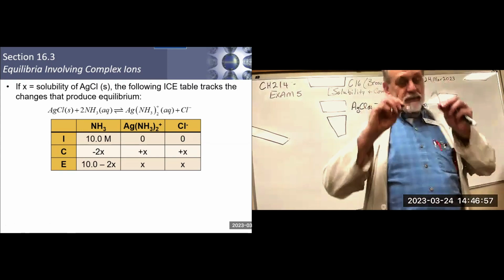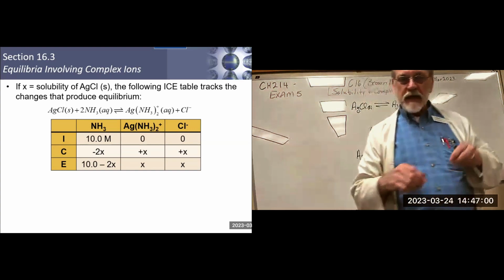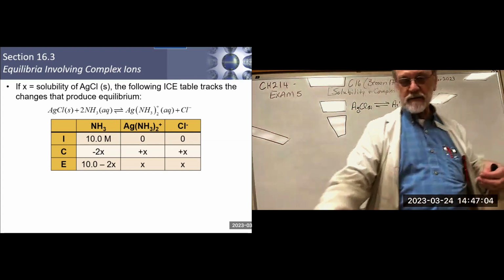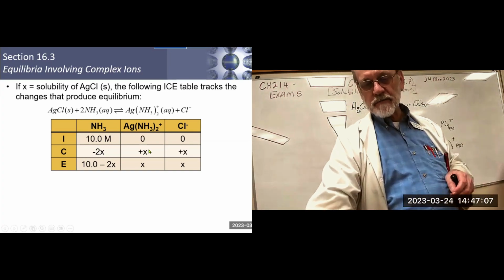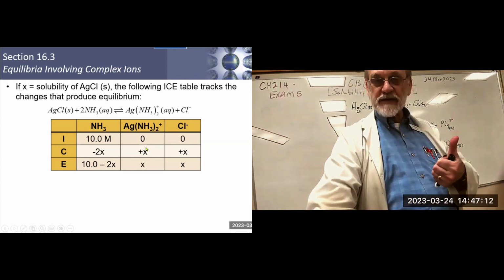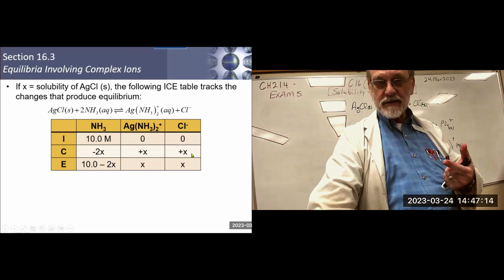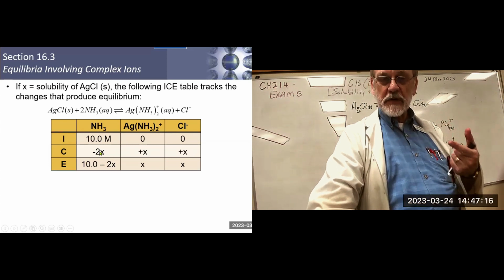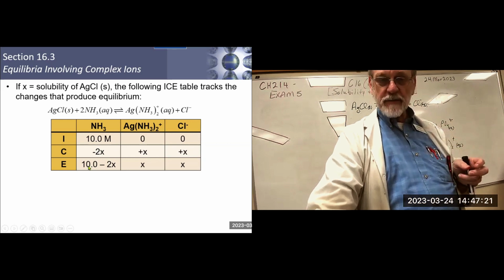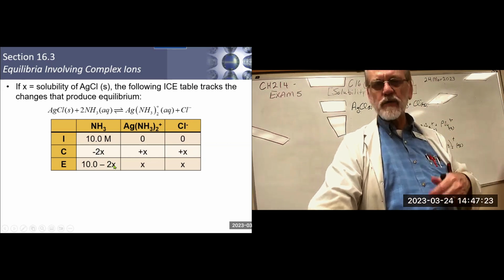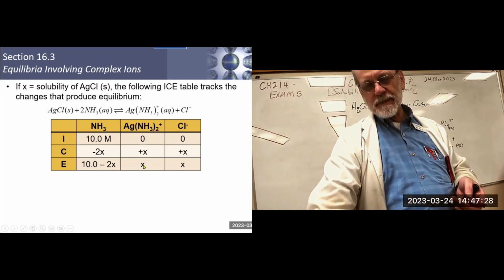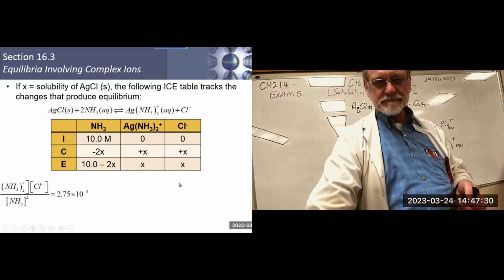Because at the beginning, we only have solid silver chloride and ammonia. And now we're going to get a reaction. So what does it do? Well, based on the stoichiometry, we get 1 complex ion and 1 chloride ion for every 2 ammonias that are consumed. So if we're going to lose 2, that means 10 minus 2x. We would use S down there for solubility. And an x and an x here.